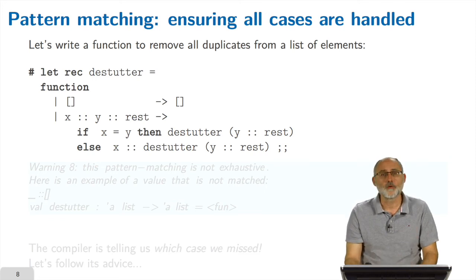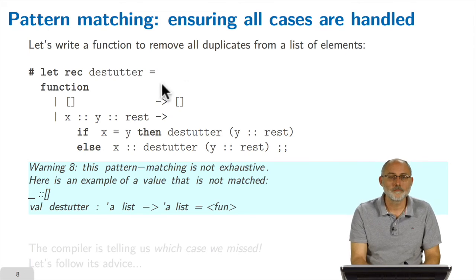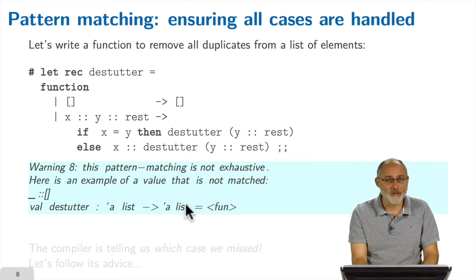Well, let's pass it to the compiler and see what happens. Here we get a warning. The compiler is telling us, look, the definition you have given has no type errors. I have well understood you are defining a function from lists to lists, of course a polymorphic function. But I'm not happy because your definition by cases, this pattern matching, is not exhaustive.